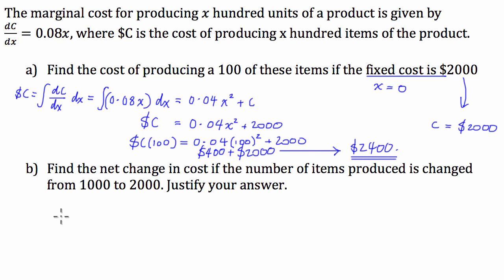Now on to part B. Find the net change in costs if the number of items produced is changed from 1,000 to 2,000.